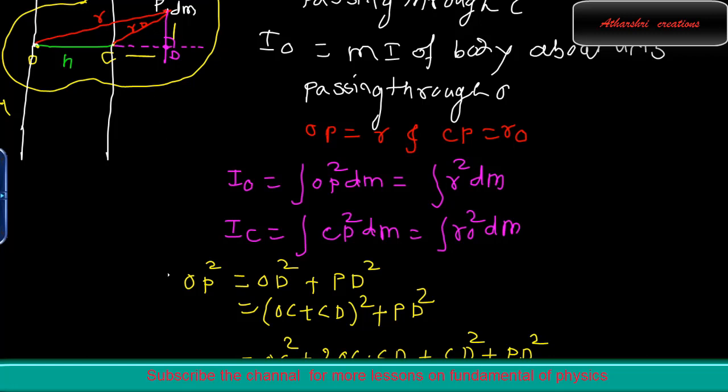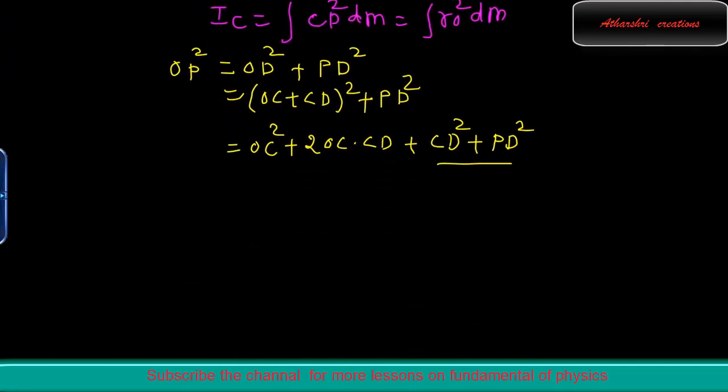Hence by applying the Pythagoras theorem, we can write OP square equals OC square plus twice OC into CD plus R0 square, because CD square plus PD square is equal to R0 square.